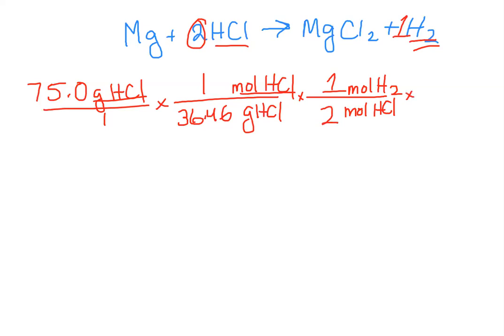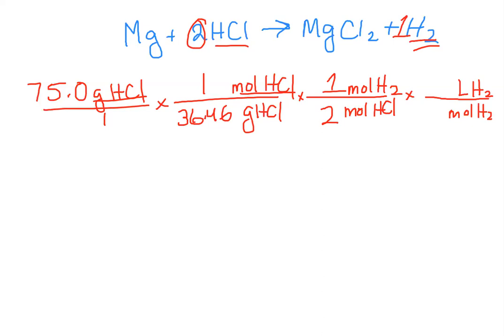This would tell us, if we did this equation that's on the whiteboard right now, how many moles of hydrogen we could make. But it's asking us, what is the volume? Volume is liters. So we want liters of H2.